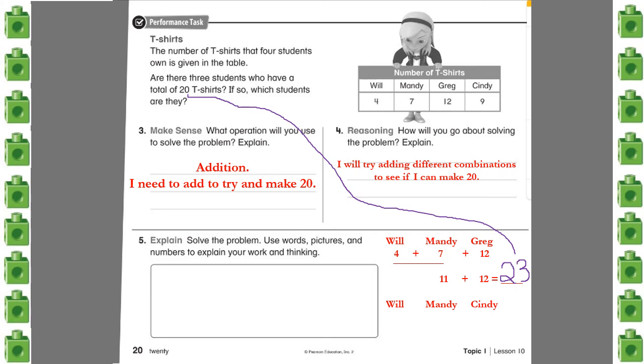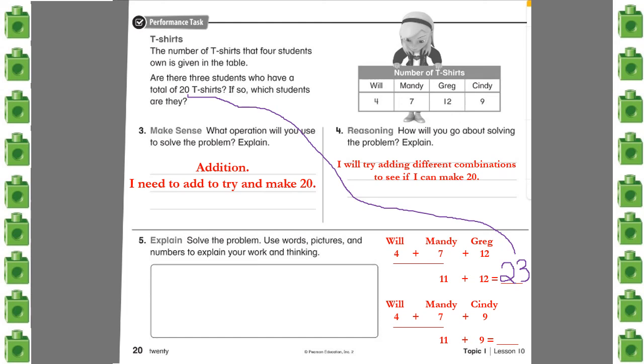Well, I'm going to try Will, Mandy, and Cindy this time. Will has 4, Mandy has 7, and Cindy has 9. I'm going to add 4 plus 7 first, and that gives me 11, and I still have Cindy's 9. And what is 11 plus 9?